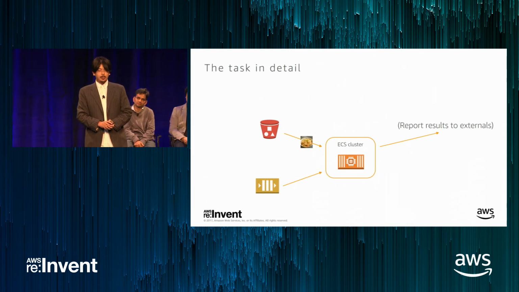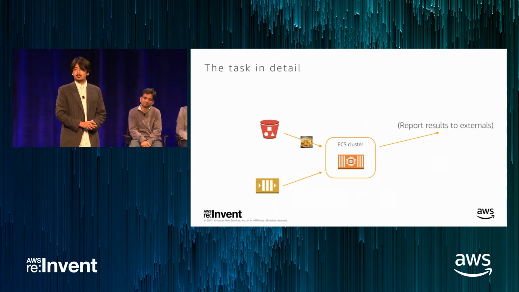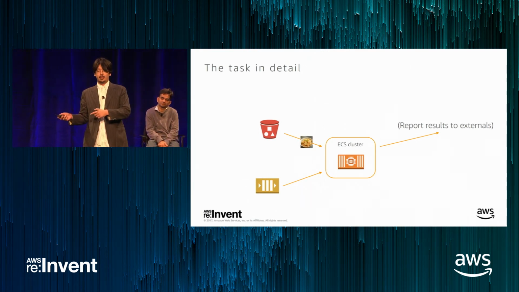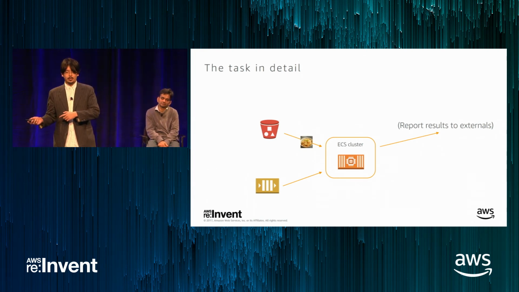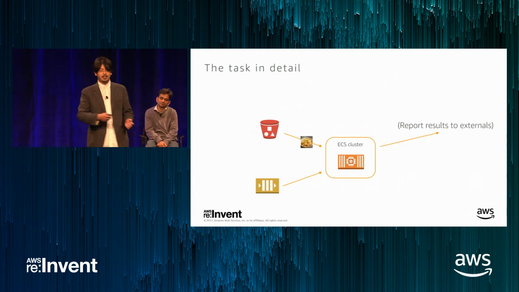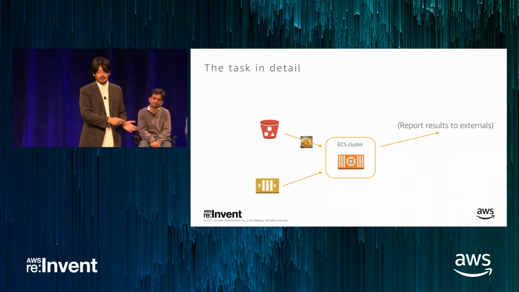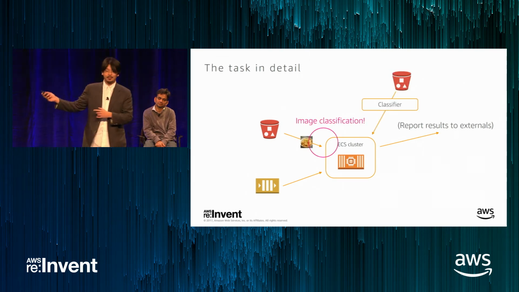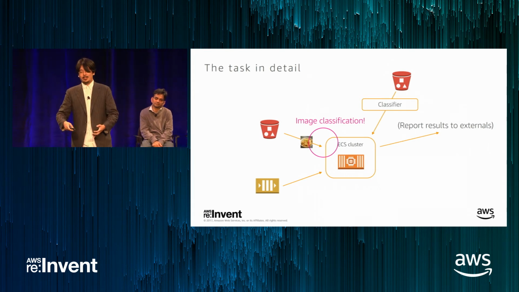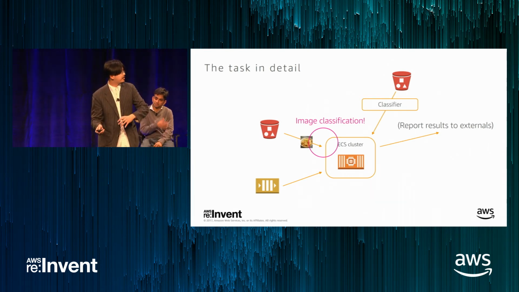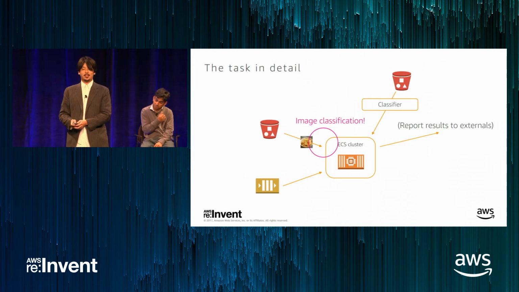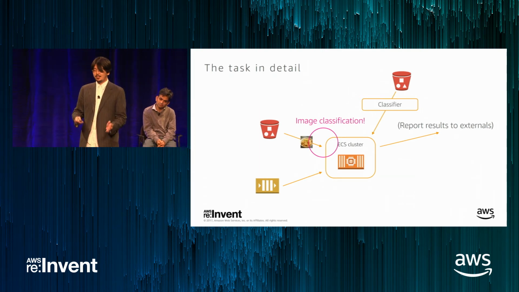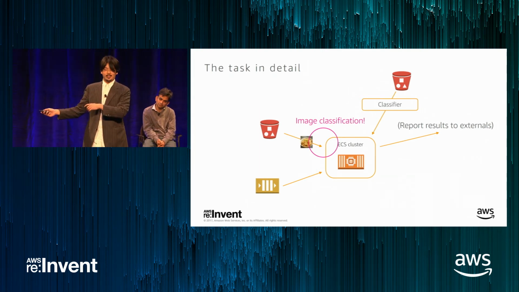As Hakuto explained before, the task first downloads the classifier model from S3 and sets it up. The task also dequeues the message from SQS and downloads the image from S3. Next, the task does the actual image classification and sends the result back to the API server. That's it.